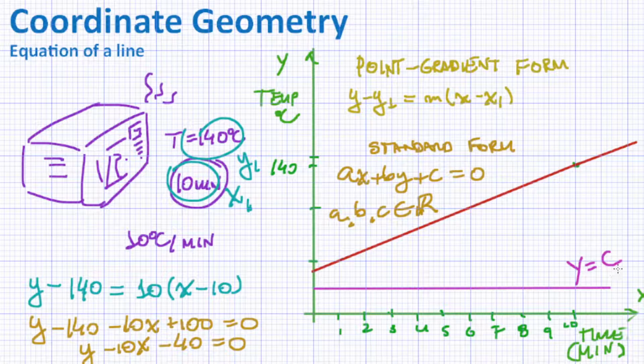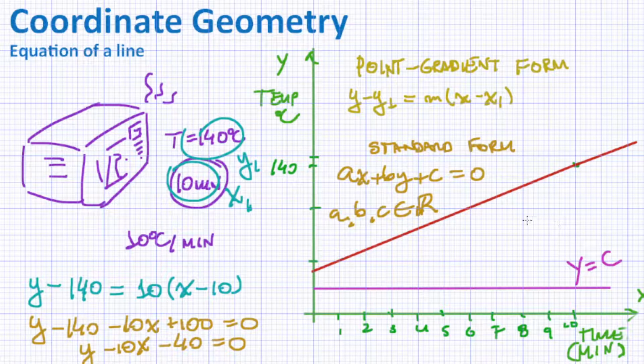This could be viewed as the standard form in which a is 0 and b is 1. The x, y will always be the same.